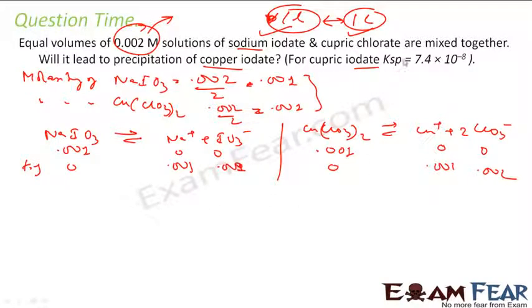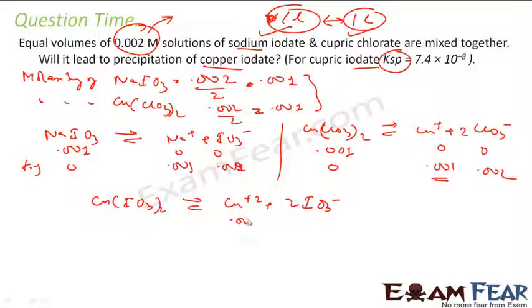Now it is given the Ksp of cupric iodate. So let's have this equation. Cupric iodate will give you Cu 2 plus and 2 IO3 minus. In this case, the concentration of Cu 2 plus we have now is 0.001, and IO3 minus is also 0.001.